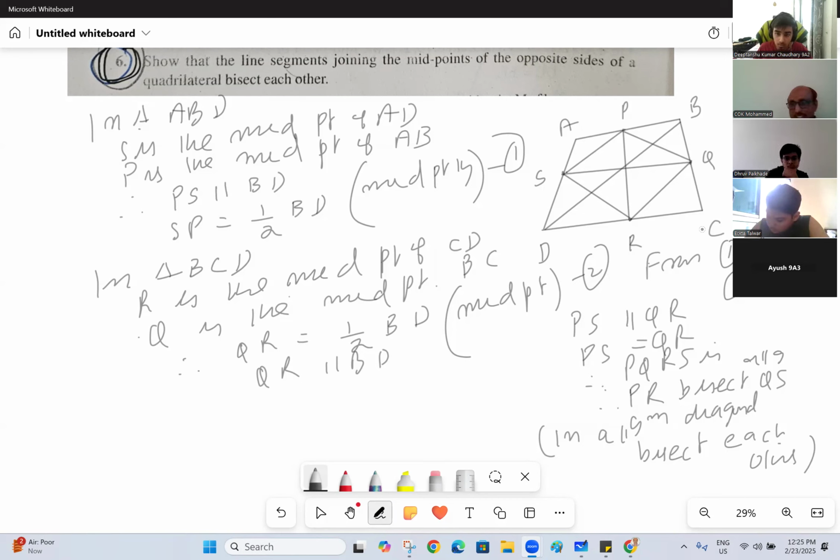In fact, last year's board paper had that question as an MCQ: joining the midpoints of consecutive sides of a quadrilateral gives what? It is definitely a parallelogram. Then it can be a rectangle or a square, depending on the nature of the quadrilateral whose midpoints you joined.